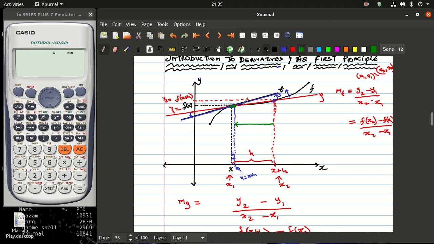In other words, this one was actually moving up until it became this blue line here. Now, to make sure that this line here is so close to this and is overlapping, I pick a point that is so close to this point that even a computer is not going to see the difference here.